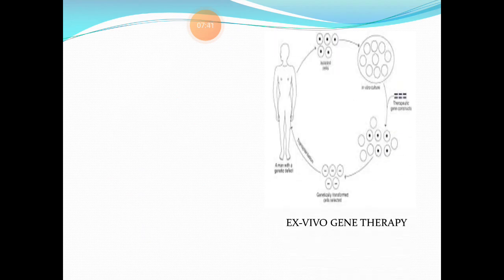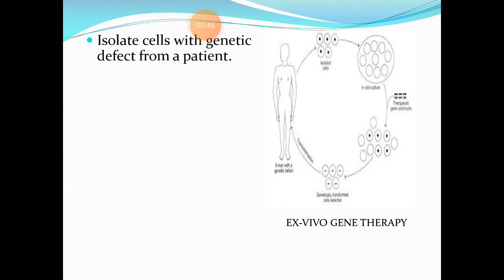So this is the schematic representation of ex vivo gene therapy. Now, you have to just isolate the cells with genetic defect from a patient. These are the cells which are isolated from the patient. Then you have to grow those cells in the culture.